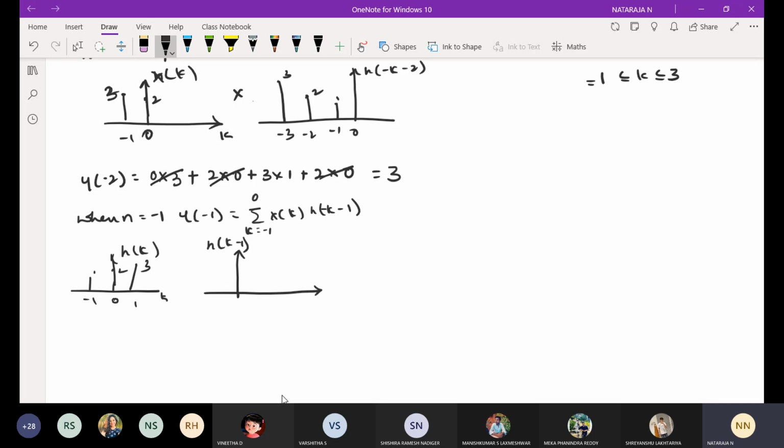One step we are moving towards the right side. 1, 2, 3. This is k samples. Now I need to reflect, h of minus k minus 1. Already we have k minus 1. I need to reflect from the same point.